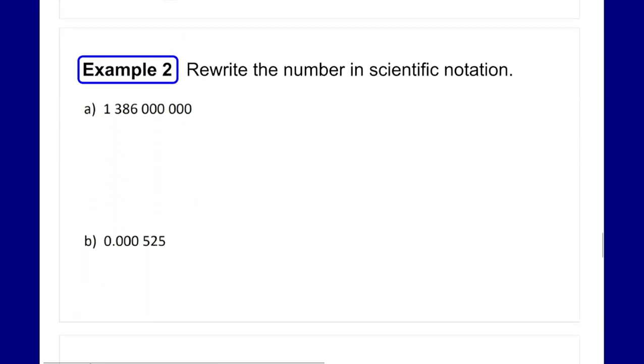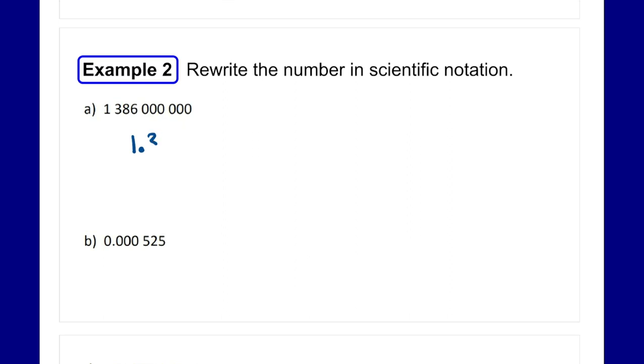So example 2, we want to write each number in scientific notation. So in A, I have 13860000000. In order to write this in scientific notation, first thing we need to do is put the decimal after the first non-zero digit. In this case, the first one is 1.